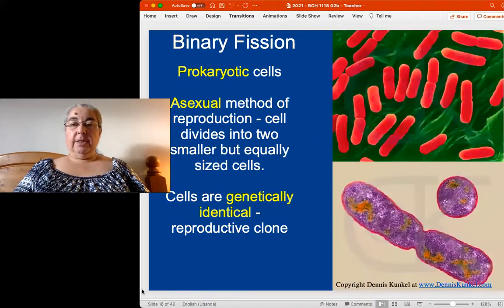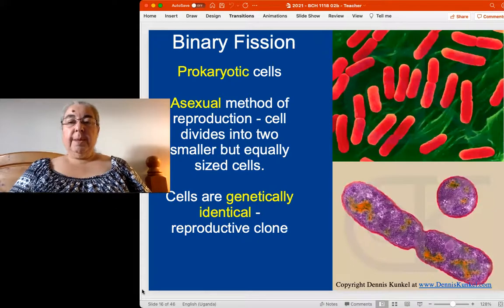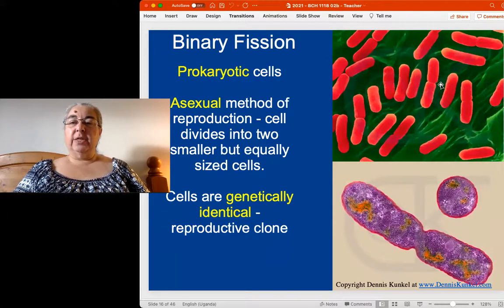Okay, so bacterial cells reproduce by a process called binary fission. And here is a micrograph of some E. coli cells, which are going through the process of binary fission.